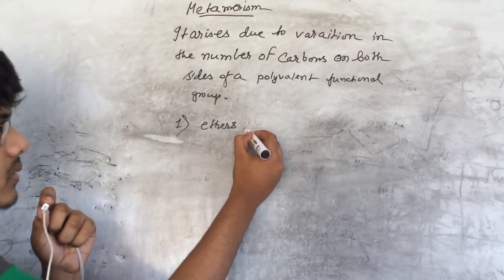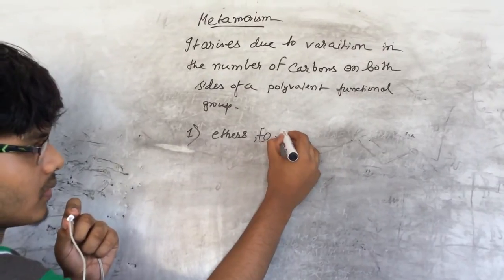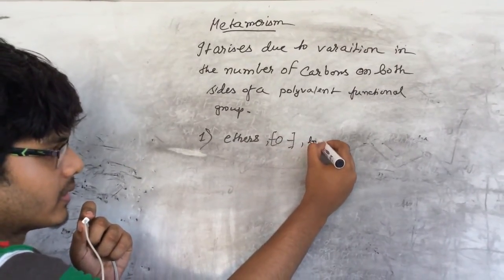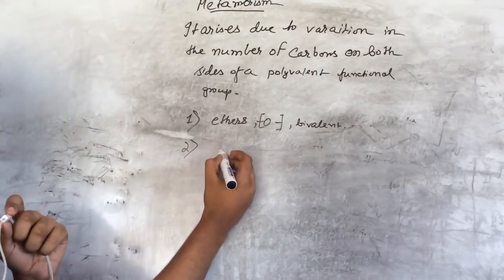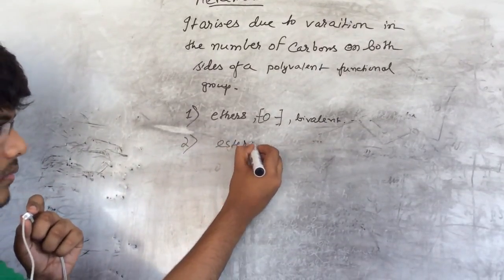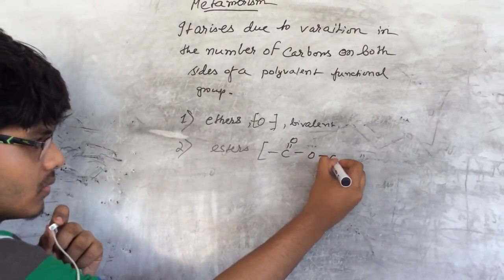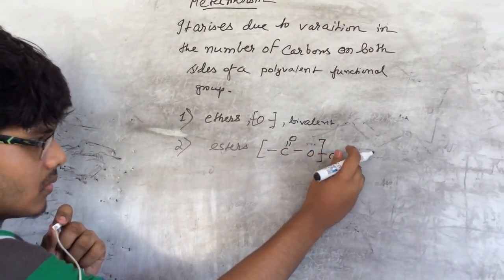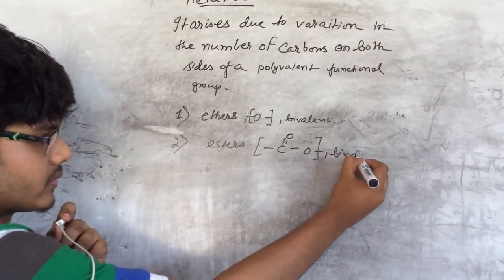So ethers, where oxygen is bivalent, it can take place in esters. Again a bivalent case.